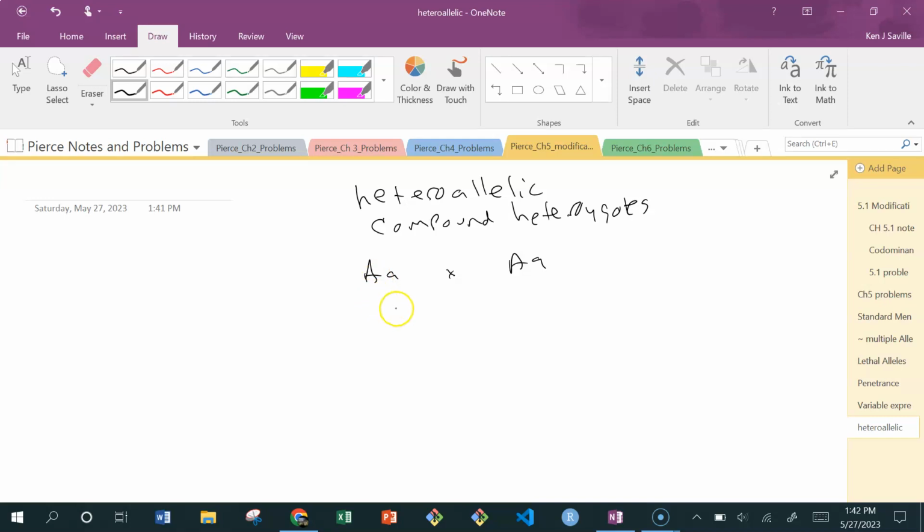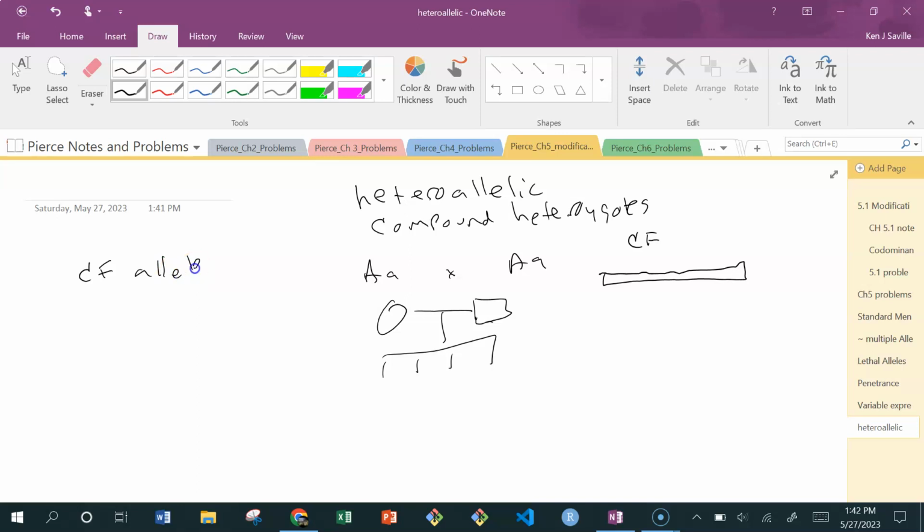So both of these parents are heterozygous for a mutation in the gene. So let's pretend this is the gene, the cystic fibrosis gene. But there's more than one possible. So in the population, there are lots of different cystic fibrosis alleles.